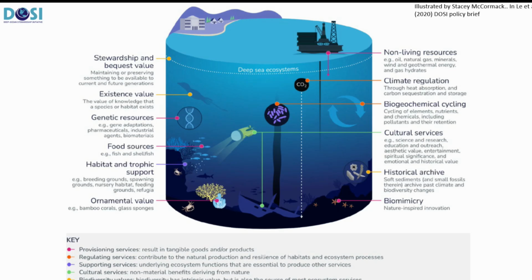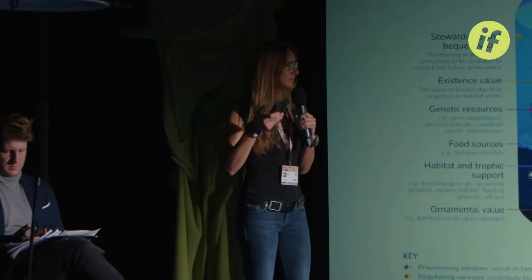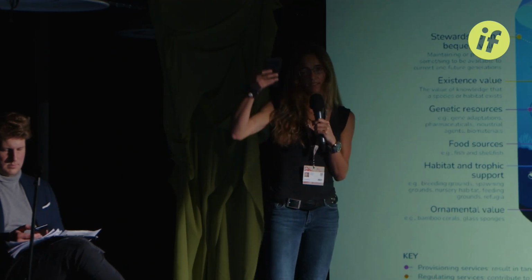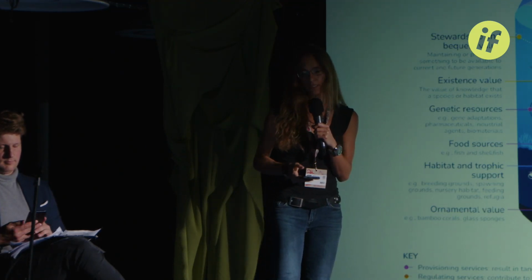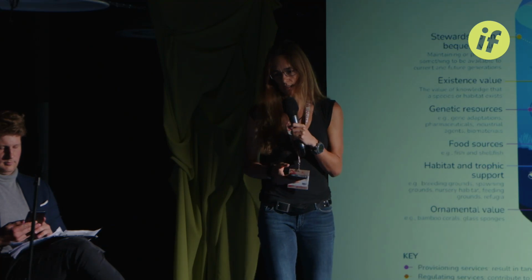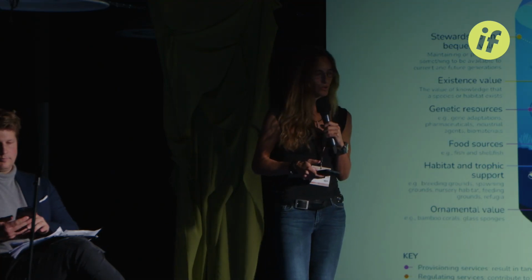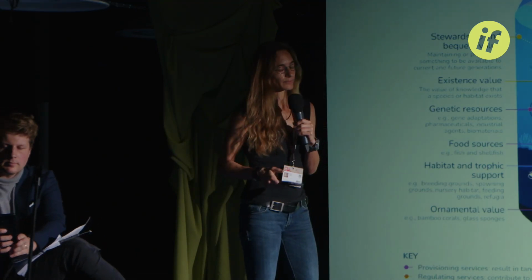This is our treasure. This is our heritage, all these genetic resources. Also, climate regulation. The deep ocean is a storage of carbon that is consumed at the surface by photosynthesis and ends up being stored eventually in the deep ocean. Also, food resources.